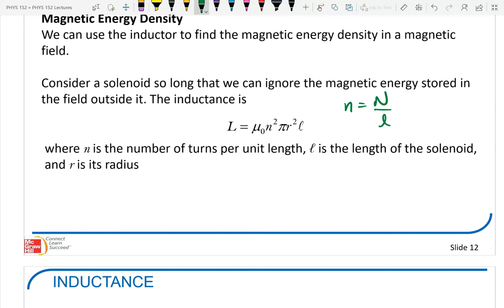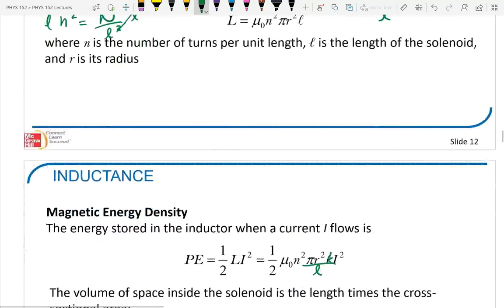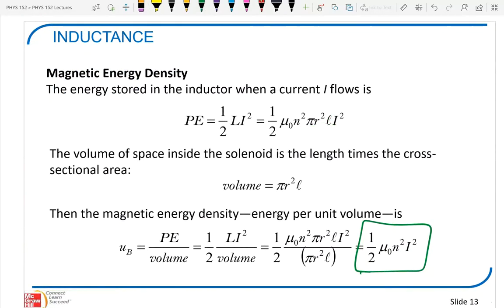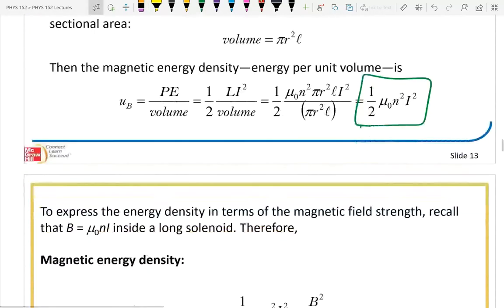And so if you make the substitution, n squared is capital N squared over L squared. Well, I'm going to have to multiply both sides by L then to get the equation we had before. So, okay, there's no mistake. I don't have to feel bad. It was using a different unit or a different symbol.